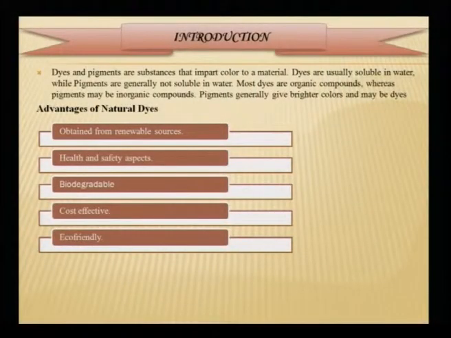Now, I have been talking about the advantages of natural dyes, but let us recap and have a re-look at it. They are obtained from renewable sources, and our emphasis has been that we should use plant parts which grow again and again.